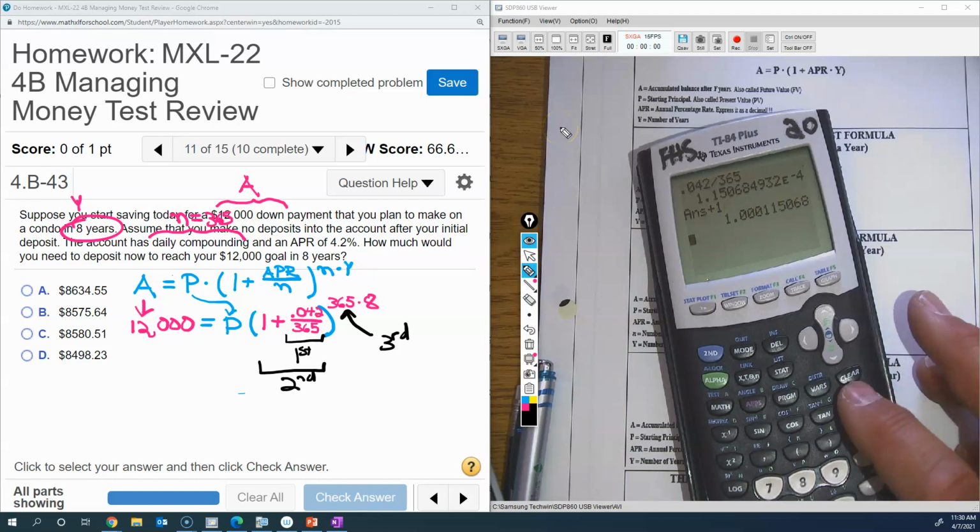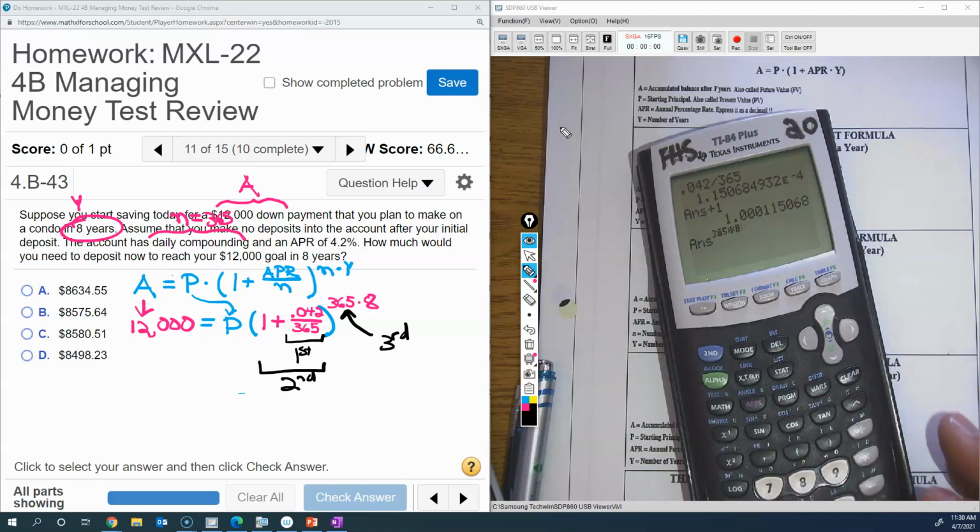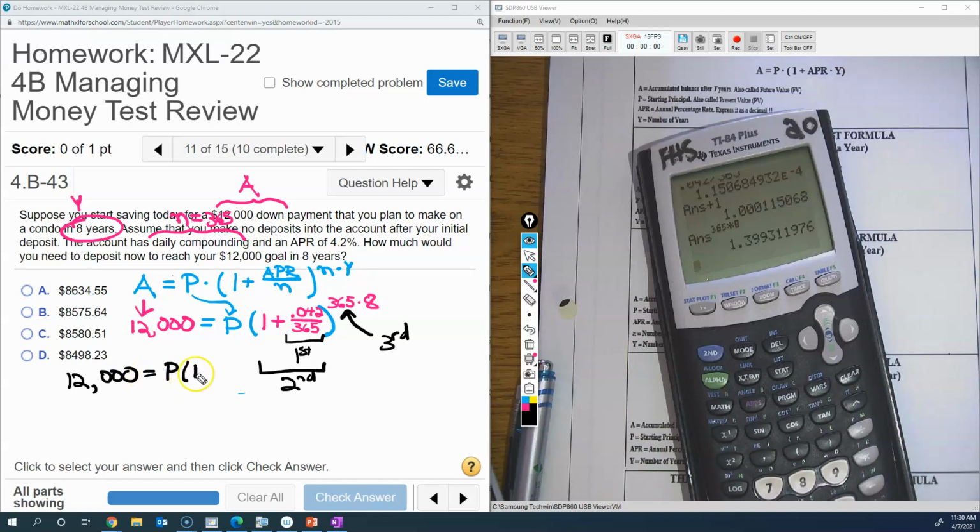Now I'm going to go exponent 365 times 8. Don't round that number. Leave it in your calculator. When I round, I'm not going to round it before I'm done. You don't have to write a super long number. So that's where we're at right now.